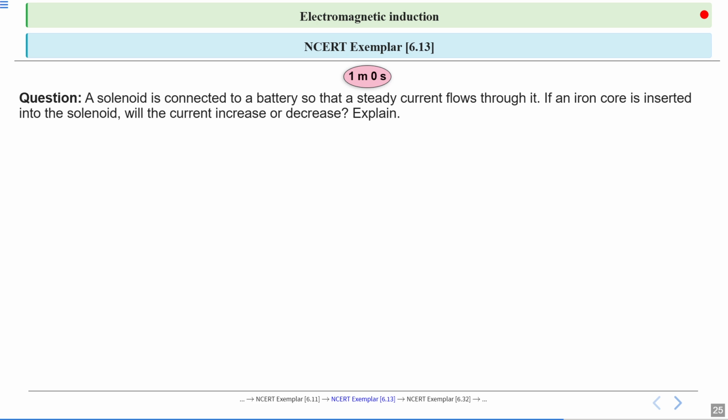What will be the consequences? What will happen after that when we insert the iron core inside the solenoid? Will the magnetic field increase or decrease? Due to which, will the magnetic flux increase, decrease or remain constant? That you have to think. Will the current increase or decrease? Explain.